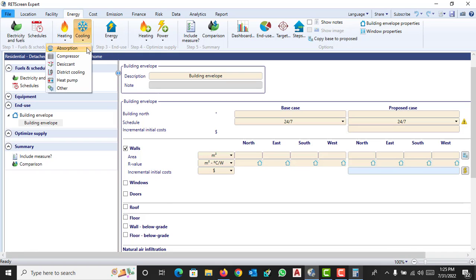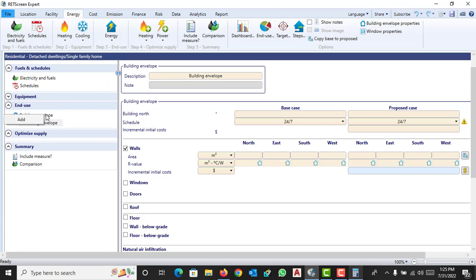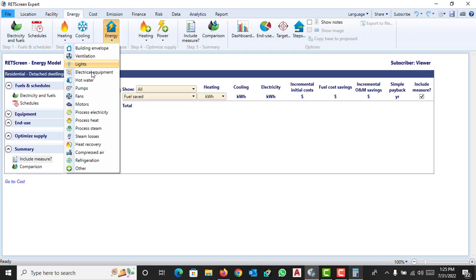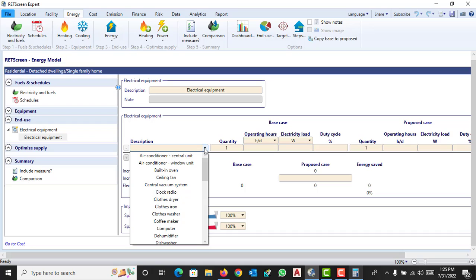I'm just considering the air conditioning equipment. So I will move toward the electrical equipments. In electrical equipments, you will select any type of equipment you are dealing with.